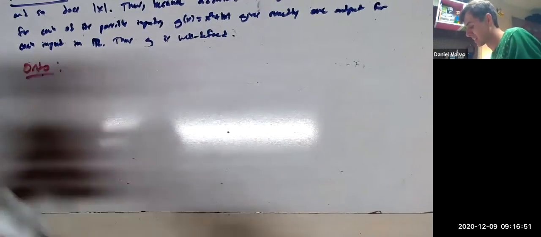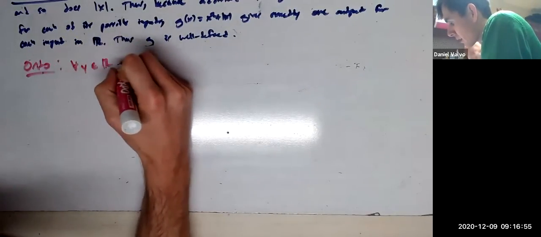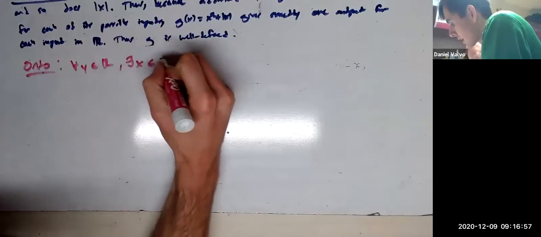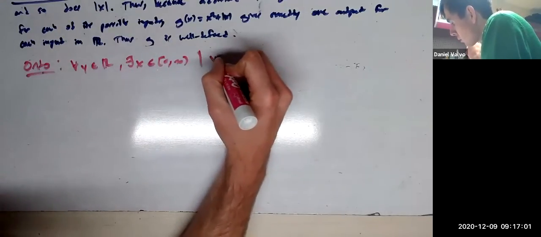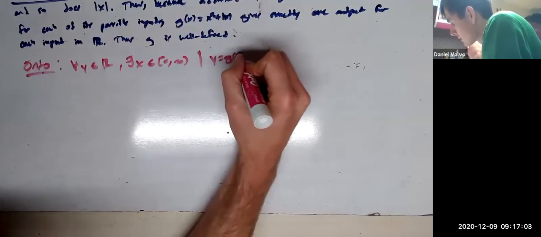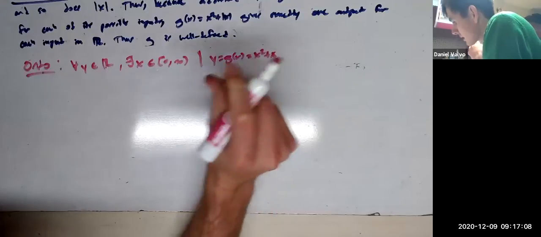Onto means that for all y in our codomain, which is R here, there should exist an x in our domain, which is 0 to infinity, such that y equals g of x, which in this case equals x squared plus x.